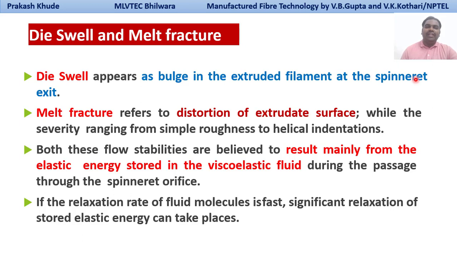When polymeric fluid comes out of the spinneret or capillary, it bulges out, so the diameter increases. In my last video we also talked about the basic concept of die swell. Similarly, melt fracture refers to distortion of the extruded surface, with severity ranging from simple roughness to helical indentation.